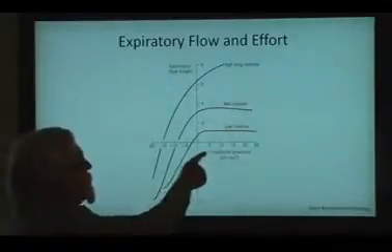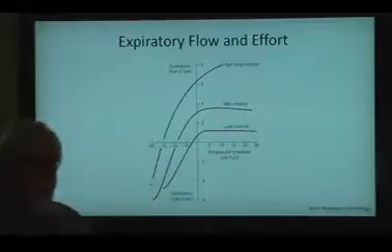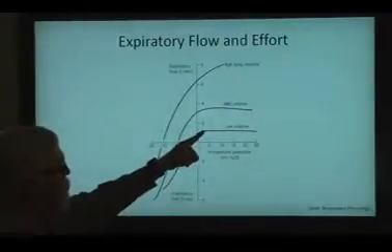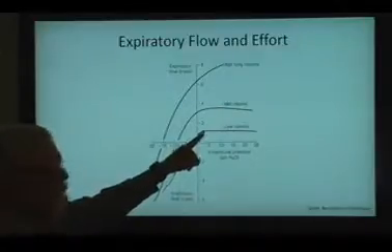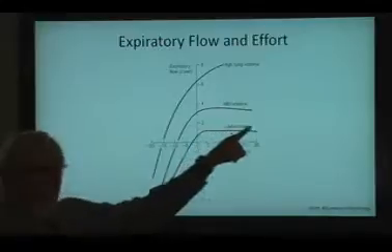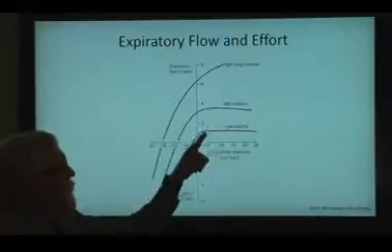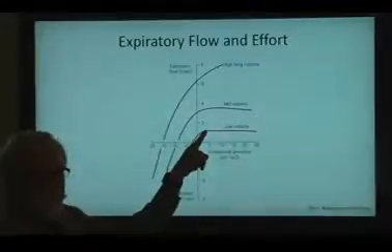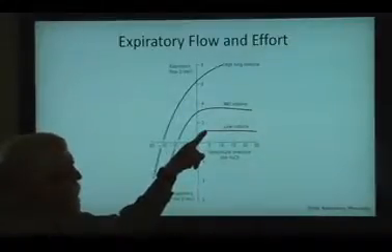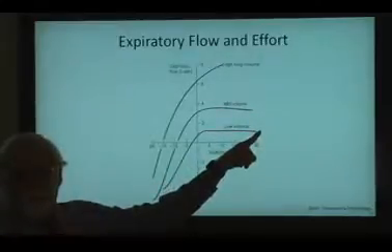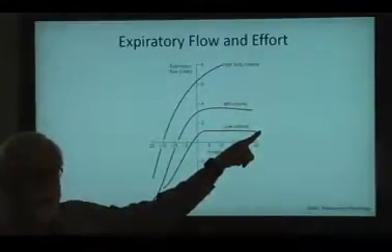Also notice that when you exhale forcibly, the expiratory flow increases to a point at which the harder you blow out, the flow doesn't change. So here, at this lung volume, if you blow out with this amount of effort, the flow is at this level. And if you blow out at 5 times that much effort, the flow out of the lungs doesn't change.